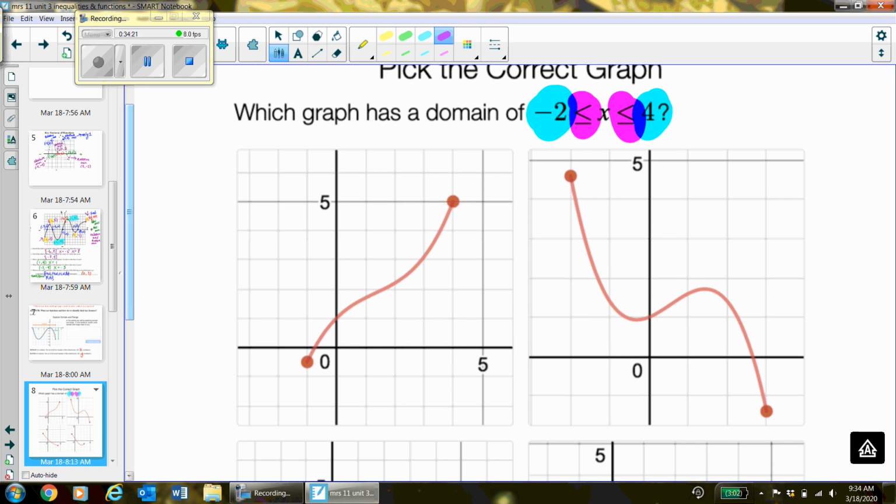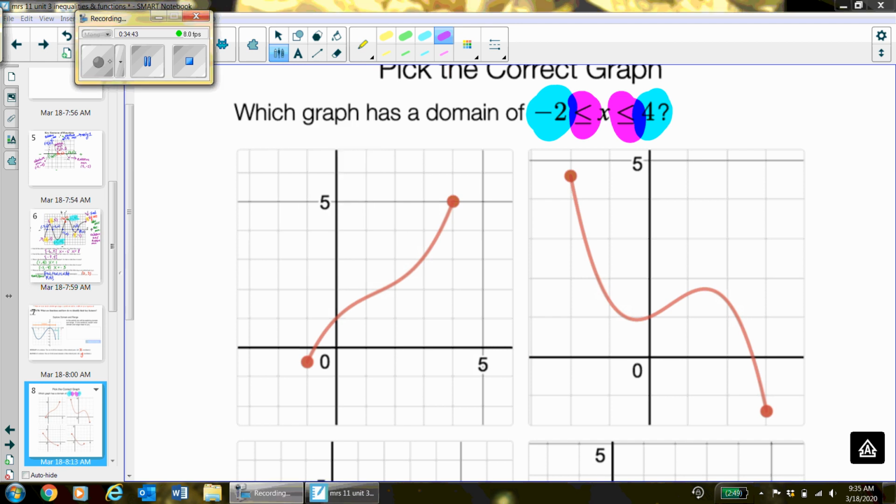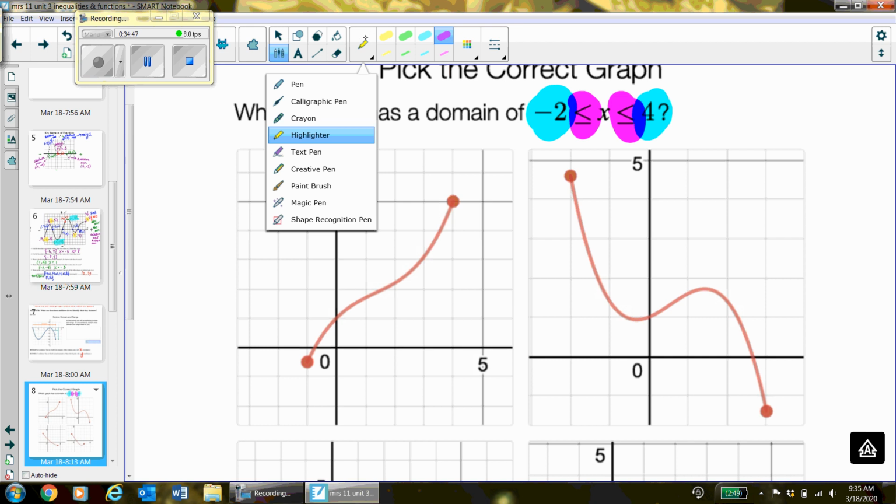So now let's look at the x values. My scale is labeled very generally. It's labeled with a 5 on the y-axis, a 0 at the center, and maybe a 5 on the x-axis. So with that being said, let's take a look.